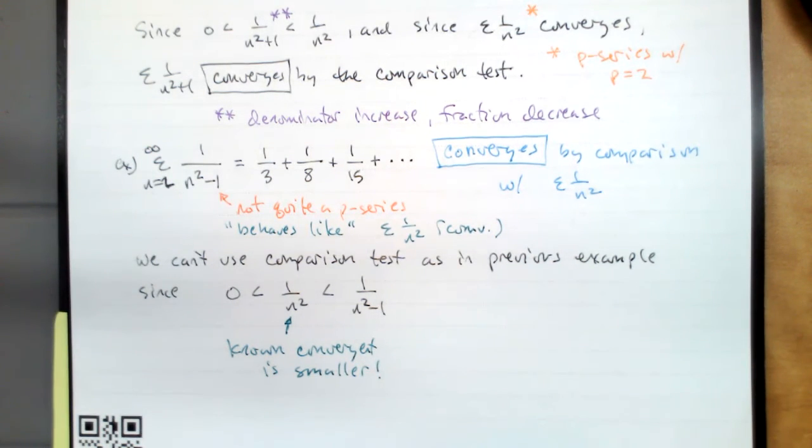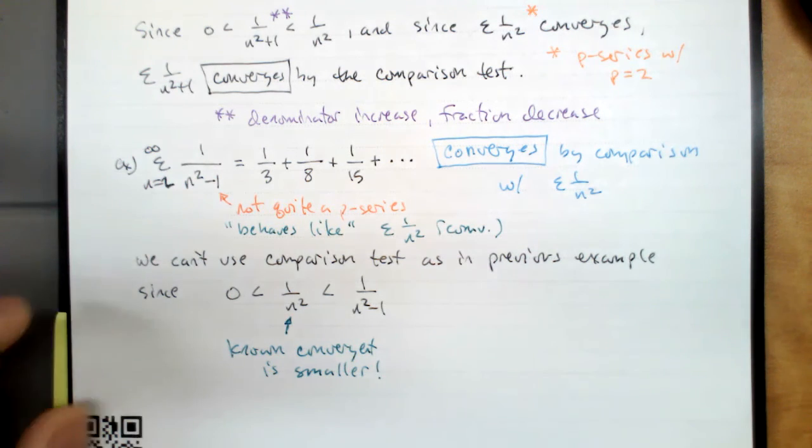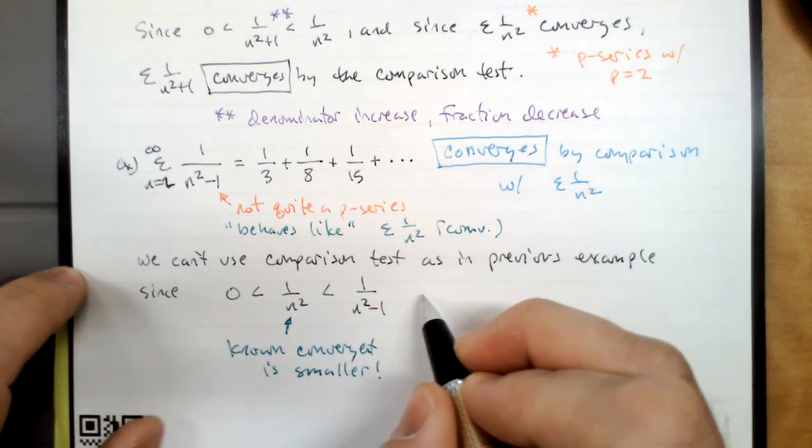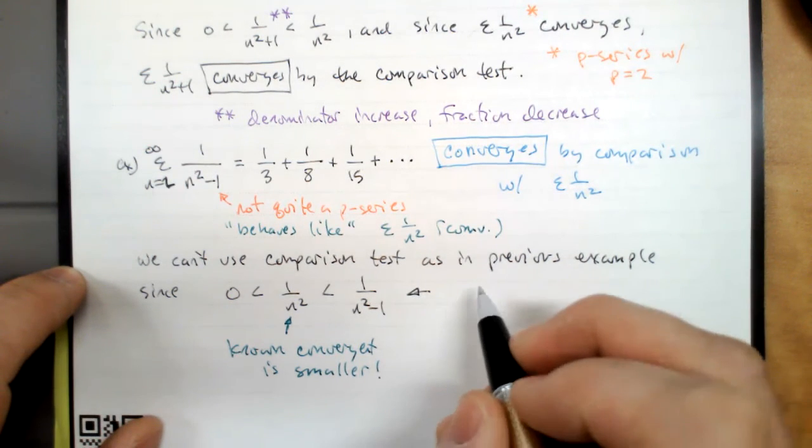Our known convergent series is the smaller one. If the smaller series diverges, we don't know if that means the larger series converges or diverges. Infinity is greater than some finite amount, or it could be just some other finite amount. So I can't make this direct comparison. The comparison goes the wrong direction. But we're still correct that this series converges by comparison with the series 1 over n squared. We just have to use a different comparison test. So here the comparison is in the wrong direction.